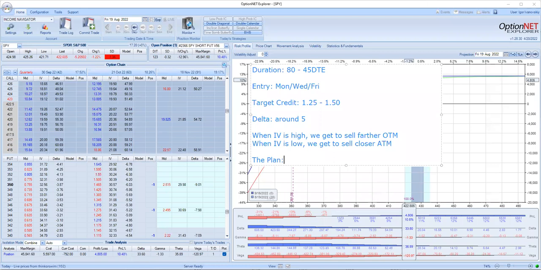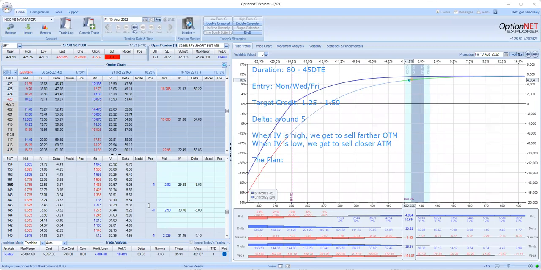With Reg T margin, I believe if I was to sell, let's say today, a 345 put, I think that buying power requirement will be somewhere around $3,500.